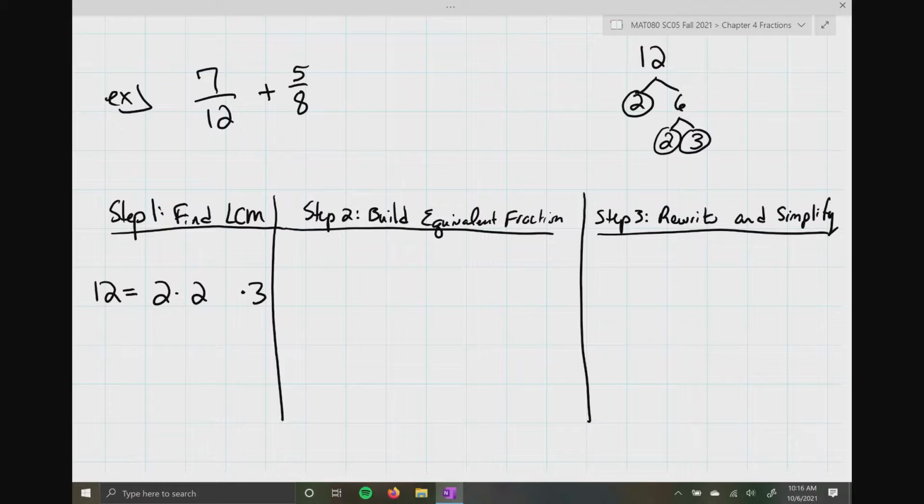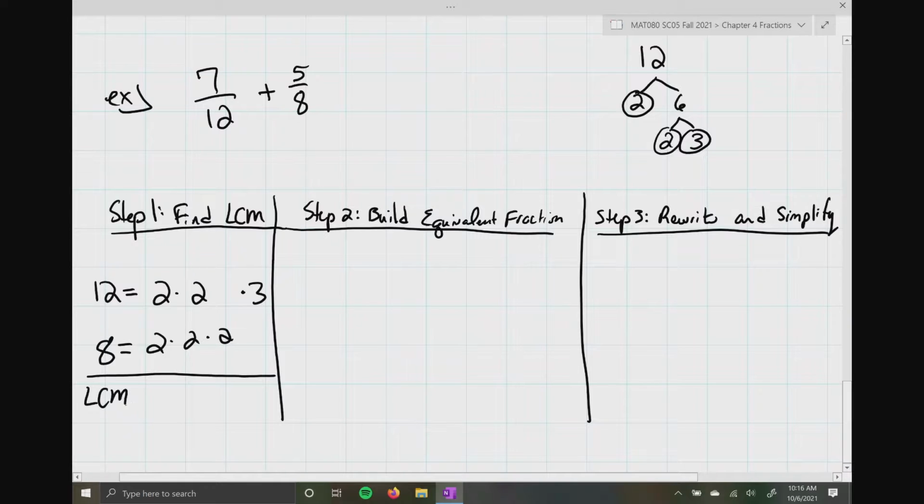I'm doing the same thing with the number 8. Number 8 is going to be 2 times 2 times 2. All right, how are we looking so far, everybody? Now, if I treat this as columns, watch what happens. My LCM is going to equal 2 times 2 times 2 times 3. In other words, I just wrote the numbers straight down in a column format.